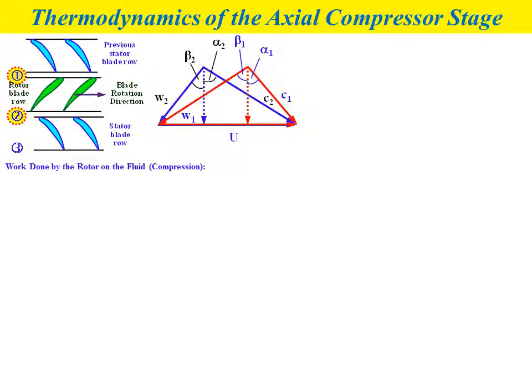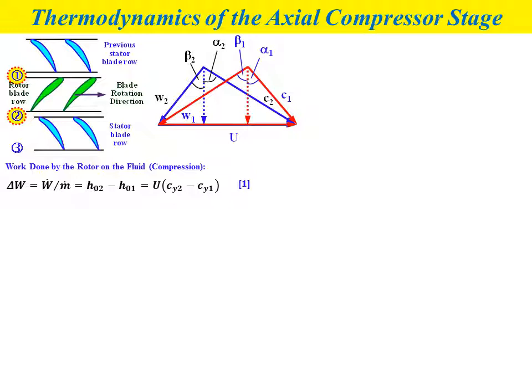So in terms of work done by the rotor on the fluid due to the compression process in the compressor, we have this formula represented by equation number one, where work done delta W equals W dot divided by M dot. M dot stands for the mass flow rate, and it is equal to the stagnation enthalpy difference at the outlet of the rotor and at the inlet of the rotor, where delta W equals H02, stagnation enthalpy at the outlet of the rotor, minus H01, stagnation enthalpy at the inlet of the rotor.